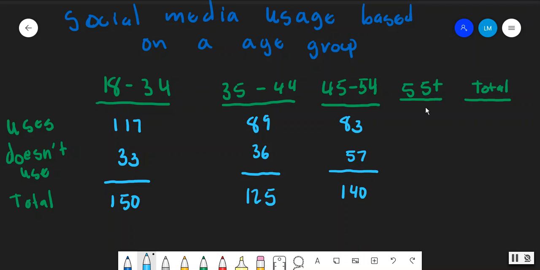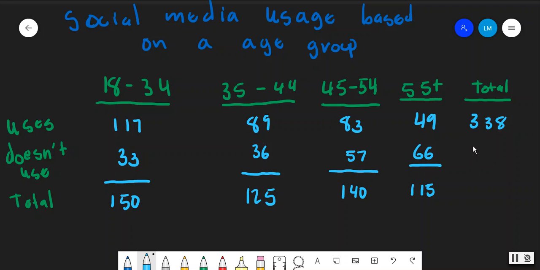Now, the last age group, 55 and up, has 49 individuals who said that they do use social media and 66 who said that they do not. That total happens to be 115. If we add up the individuals from all of the age groups that do use social media, that's going to be 338.